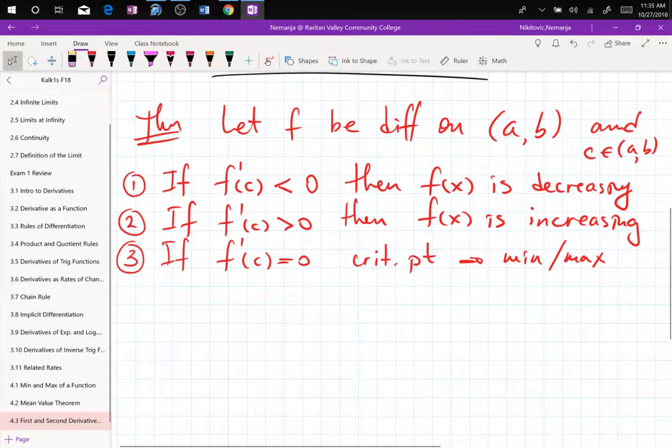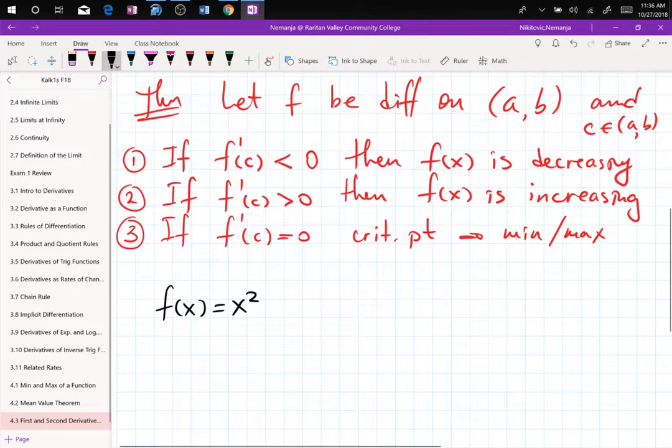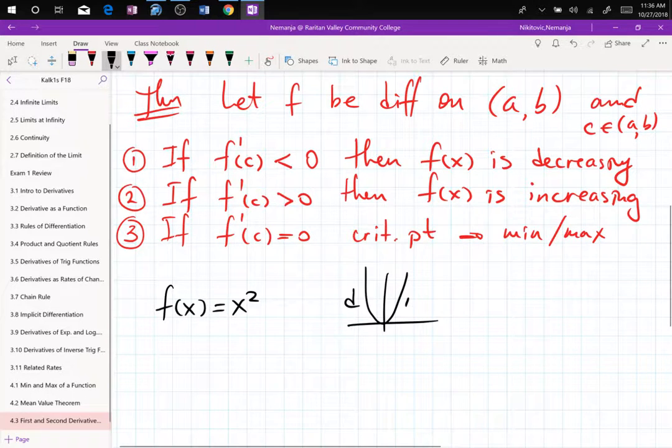Obviously, we're going to practice this on the cheapest functions we can find to learn the procedure. So if I have that f of x is equal to x squared, now we already know what that looks like. We know that this part is decreasing, this part is increasing, right? We know this stuff. But let's calculate it. So what do I need to do?